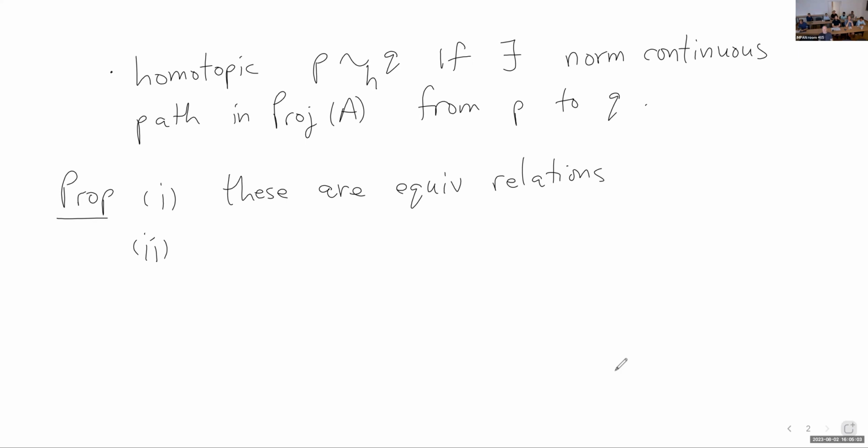The second is that they are successively stronger equivalence relations. So homotopy implies unitary equivalence, which implies Murray-von Neumann equivalence.